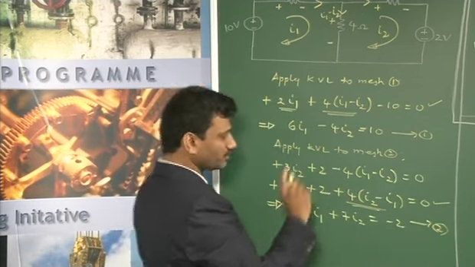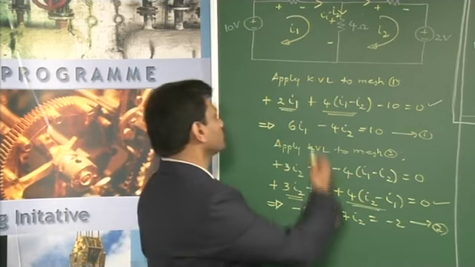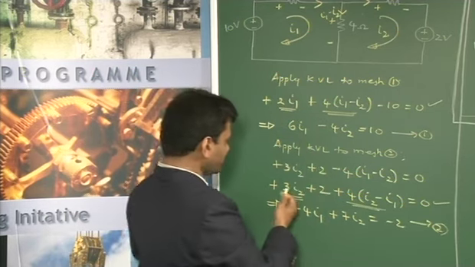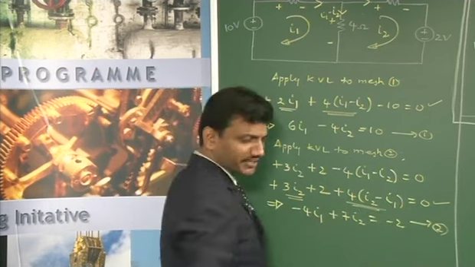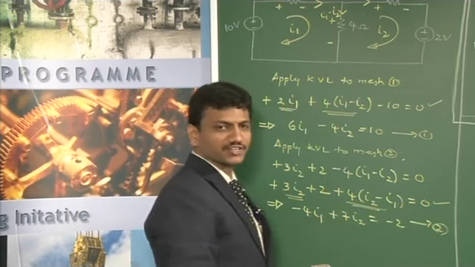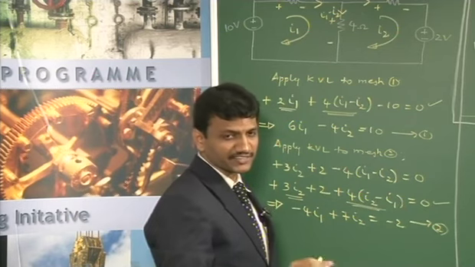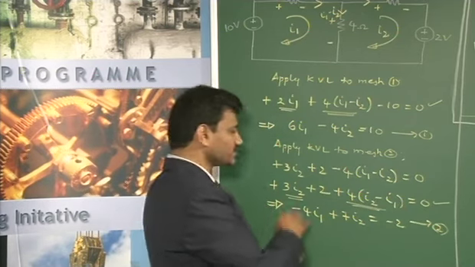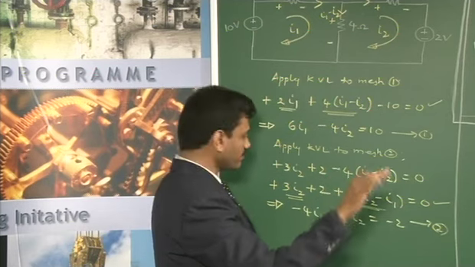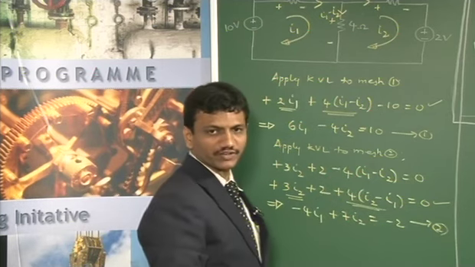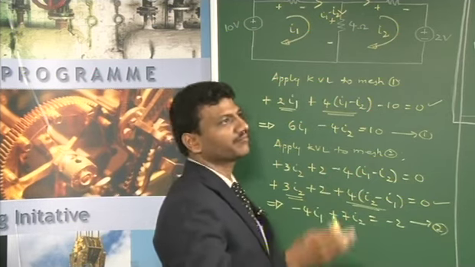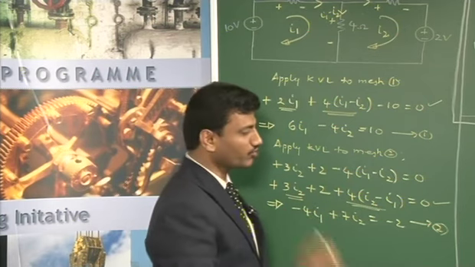So 2 I1 plus 4 into I1 minus I2, 3 I2 plus 4 into I2 minus I1. So in the next problem onwards, you need not worry about the polarities of the potential drop across the passive circuit element. Directly you will write plus, and whatever drop you get by multiplying the resistance value with the corresponding current.